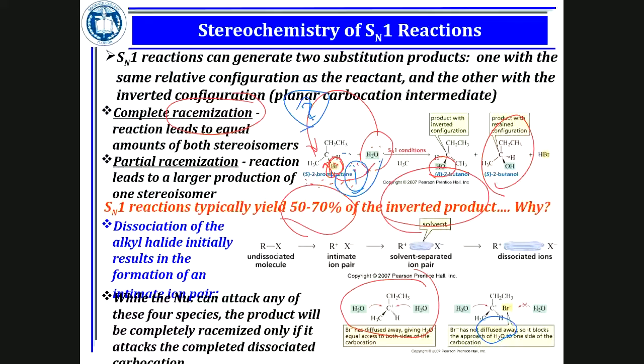Retained meaning if you start with R, you end up with R product. If you start with S, you end up with S product. That means the configuration has been retained, it stayed the same, or the configuration has been inverted, meaning it has changed from one to the other. If it's R, it has changed to S.